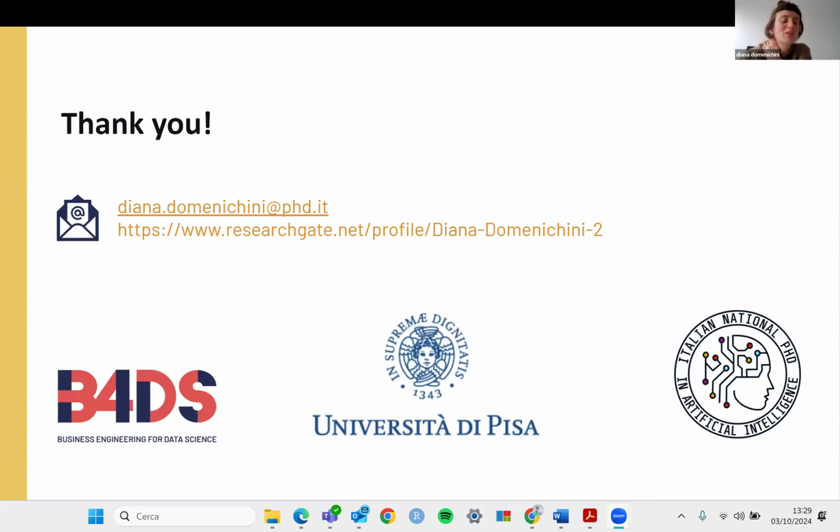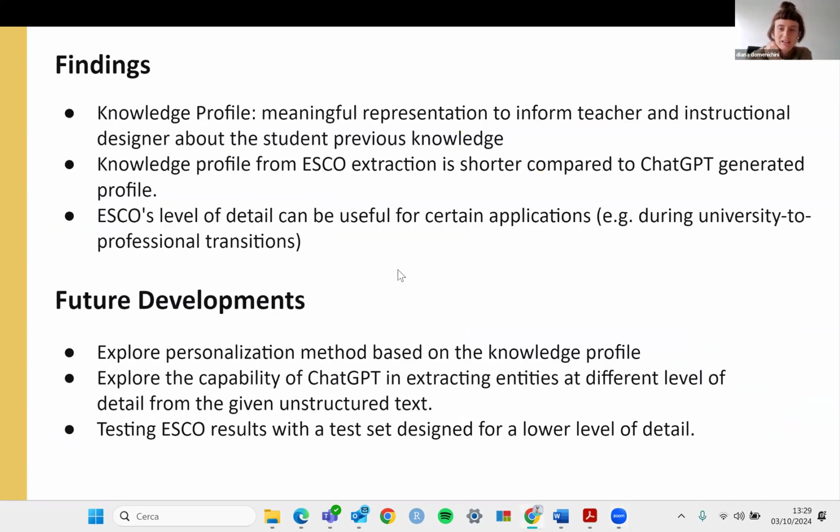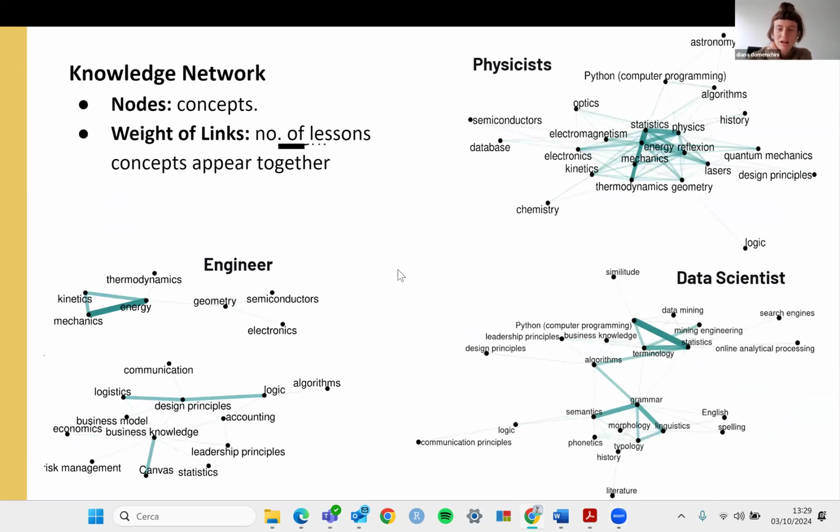Okay, thank you, Antonio, for the question. So the first question was how to use this profile to develop personalized learning activity. I have been thinking about that, and I think the first step is that these profiles are static profiles that represent the past knowledge that the student has acquired.